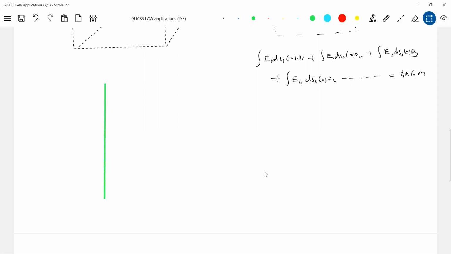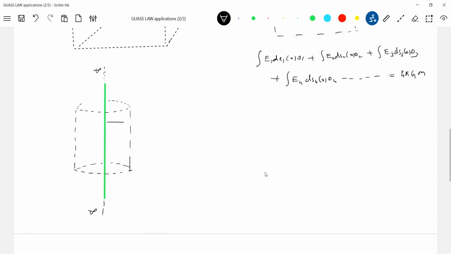Now, there's an infinitely long rod here. I want to find the field using Gauss law. So I suggest you assume a Gaussian cylinder. What is the radius of the Gaussian cylinder?